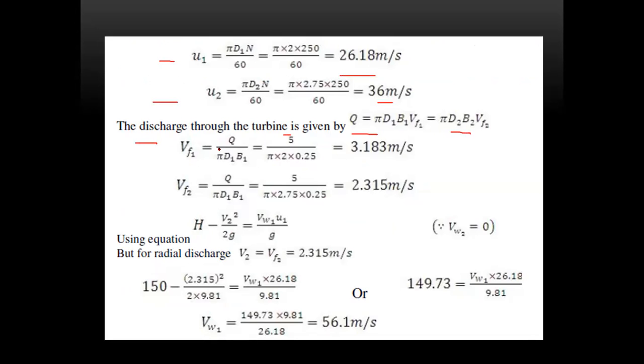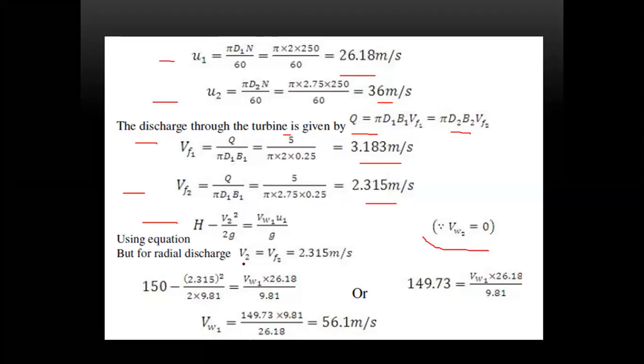Therefore, Vf1 is equal to Q by area, and Vf2 is equal to Q by area. Therefore, H minus V squared by 2g is equal to Vw1 u1 by g. Here, Vw2 is equal to 0. Thereby, using the equation, we are getting Vf2 equal to 2.31. Now, after substituting this, we are getting the value Vw1 equal to 56.1.